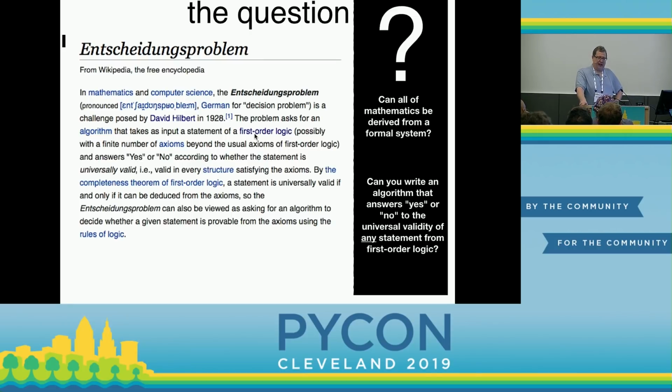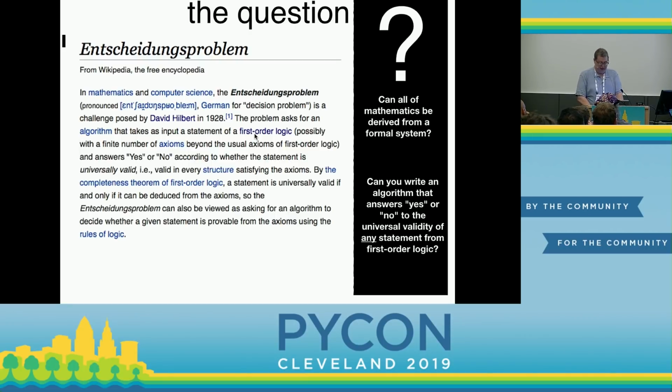It's an interesting idea, right? Wow, that'd be cool. If you just specify a problem and then it's like Star Trek, computer, tell me if it's true or not, that would be awesome. So the question is, is there an algorithm to do that? And the short answer is no.